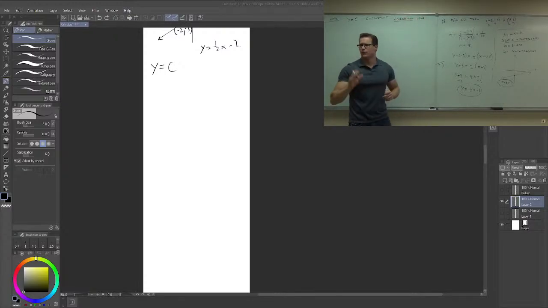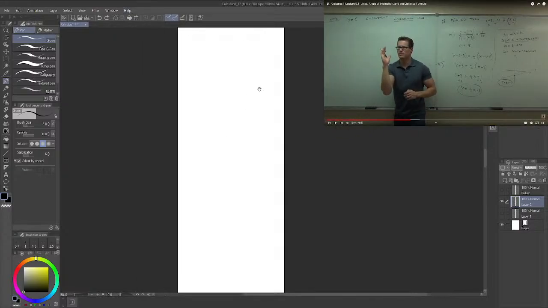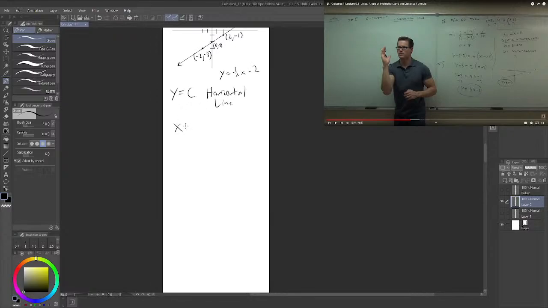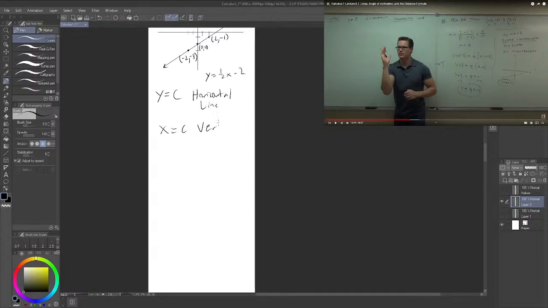What's the way I can make a vertical line, just straight up? Write that down. Y equals c, horizontal line. X equals c, vertical line.